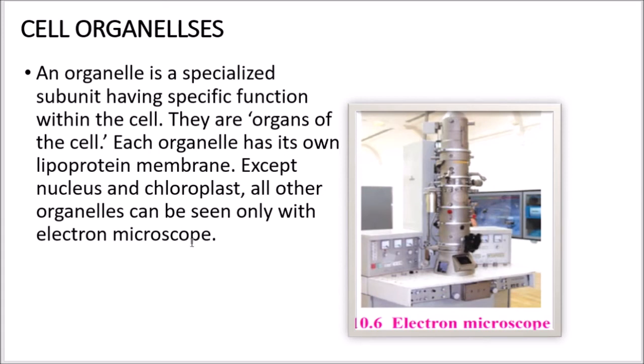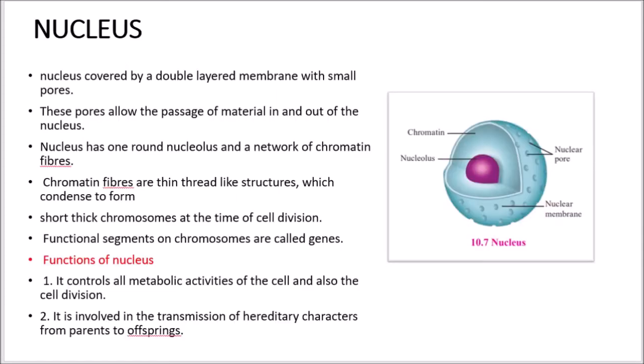All other organelles can be seen only with the electron microscope. So this is the picture of an electron microscope. This microscope is attached to a computer, as you can see in the picture. So one by one we are going to study the cell organelles.